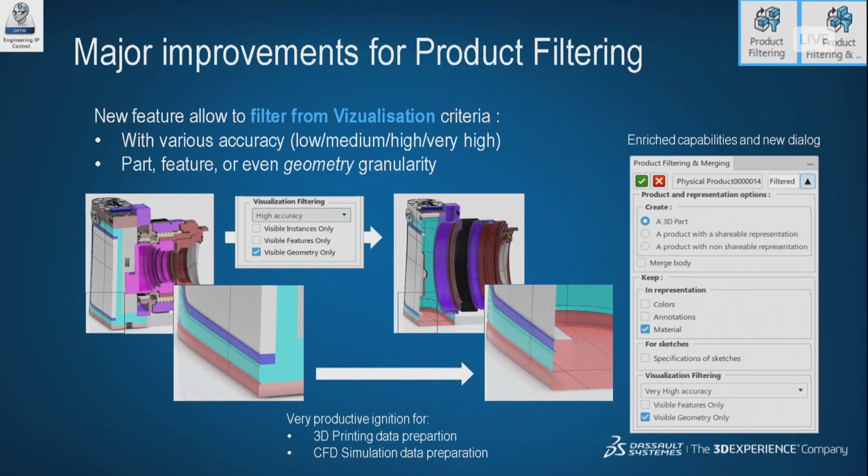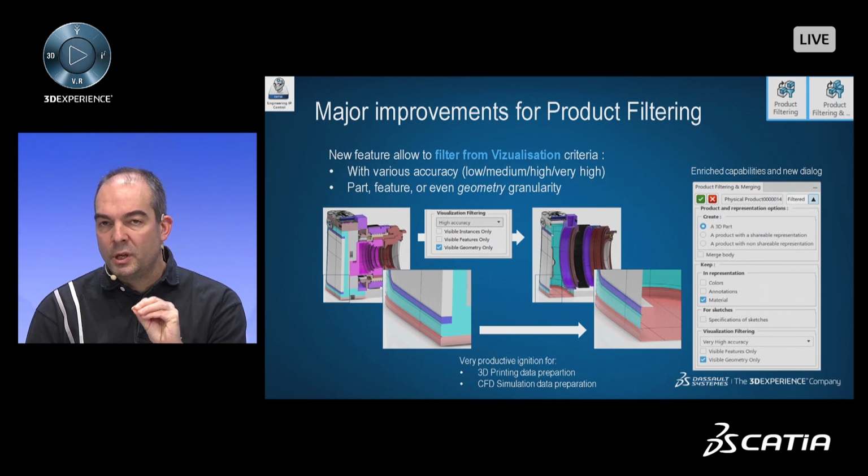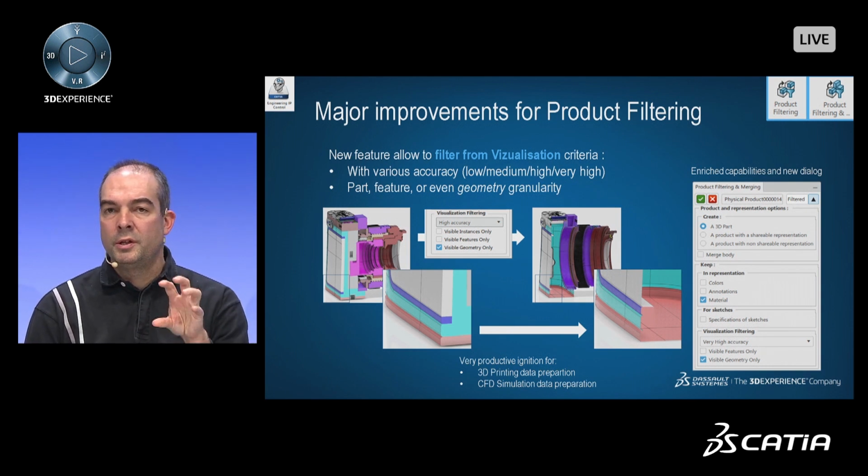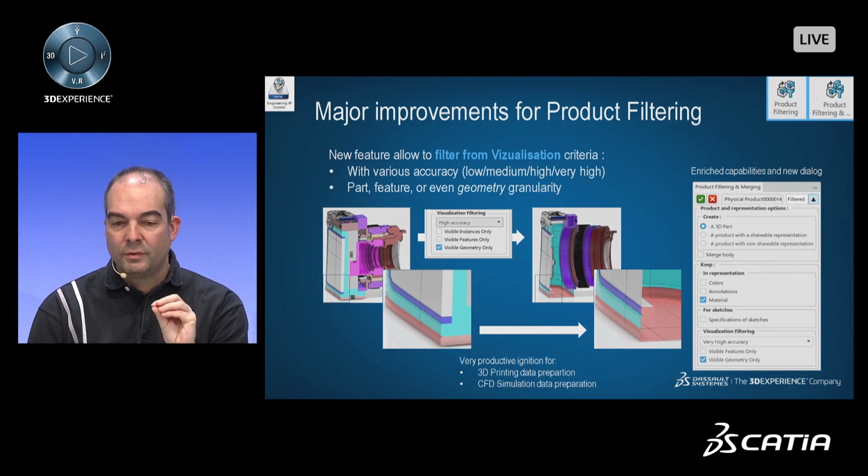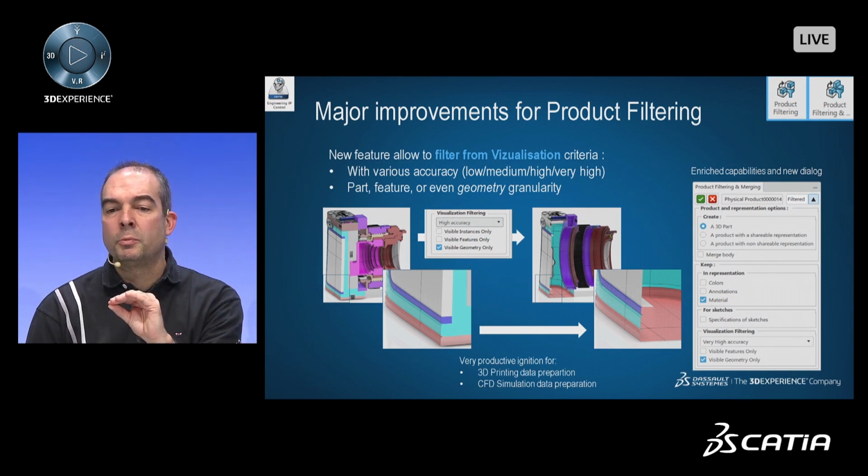So basically the application will just look around the product and just remember the geometry of the outside, the visible geometry. What is important to notice is that it goes up to the geometry granularity. So it's not keeping only the part or only the feature, it's even filtering up to the face granularity. So if you look at the two pictures below here, I'm really stopping the filtering at the fillet joining together.